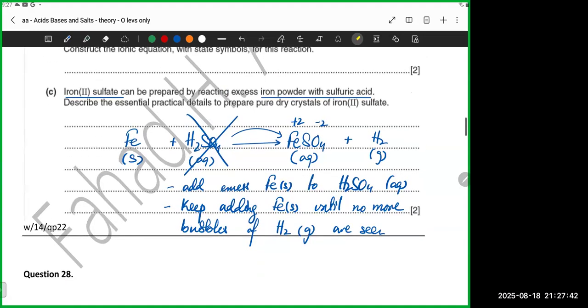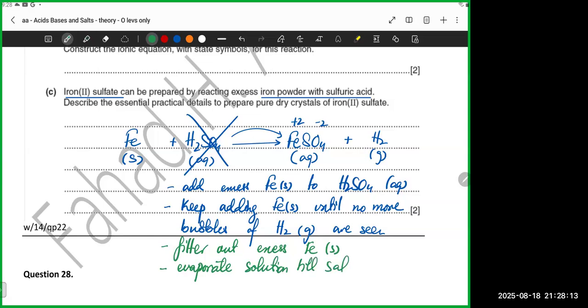तो I guess start कहाँ से होगा? You filter out. Basically, this is where it's going to start, because the previous part has already been mentioned in the question itself. So you filter out excess Fe. And then you crystallize, evaporate the solution till saturation point or crystallization point. Cool gradually.